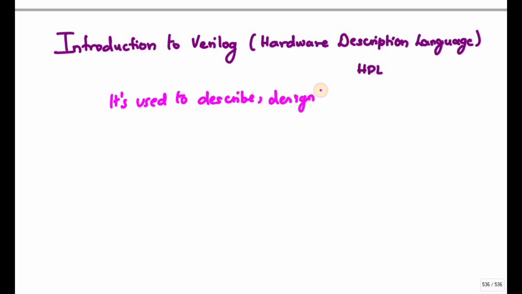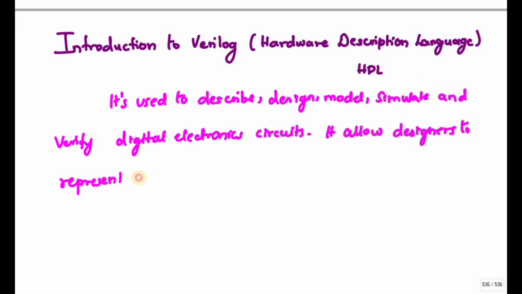So, why are we going for the Verilog HDL? It is used to describe, design, model, simulate, and verify digital electronic circuits. For example, it may be a full adder, half adder, or big circuits.